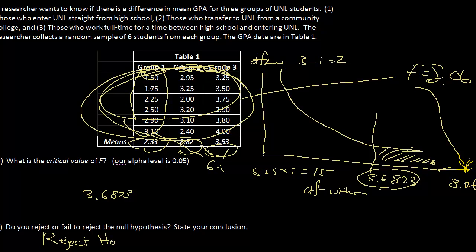It's probably something like 0.00 something percent that these differences could occur due to sampling error. So that's why we have to conclude that there were actual differences between the groups.